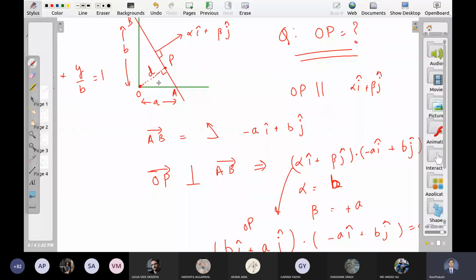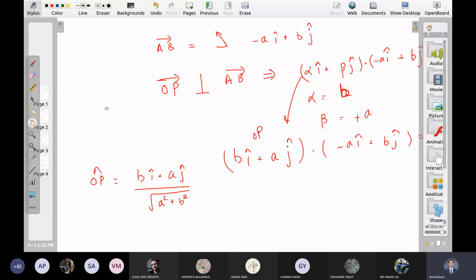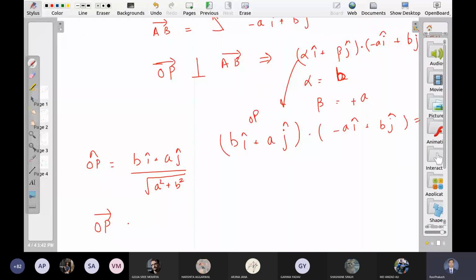D. Right. So I can say this OP vector is equal to D times the unit vector along this. How much is that? D upon square root A square plus B square, times B i cap plus A j cap. So I know this vector exactly now.